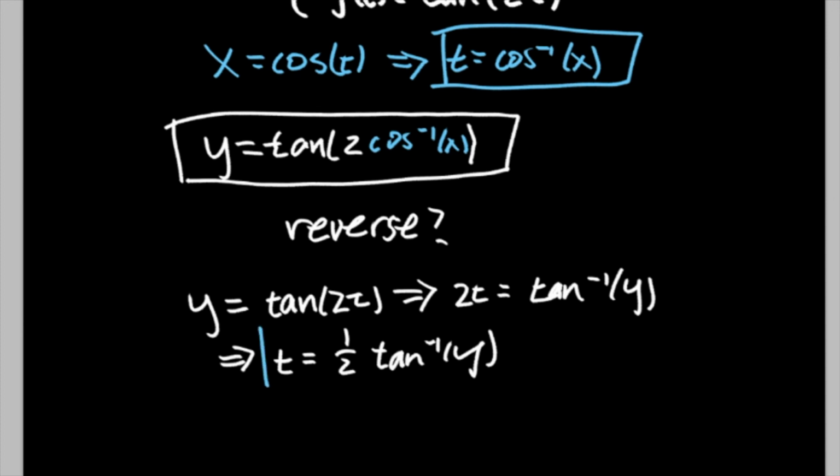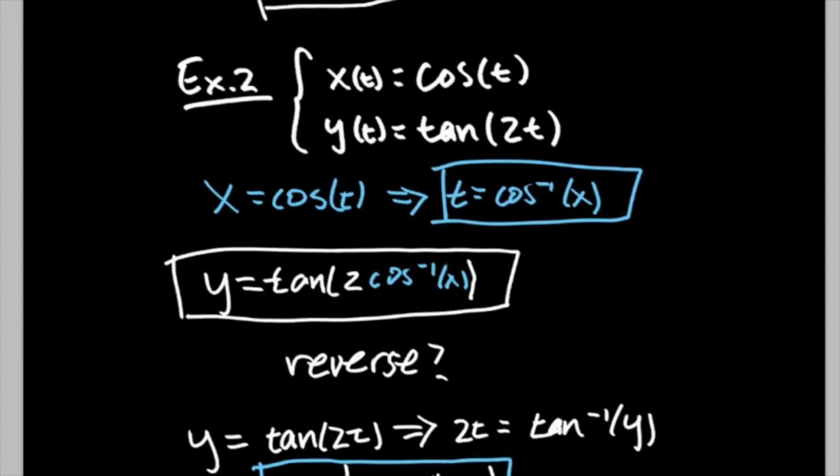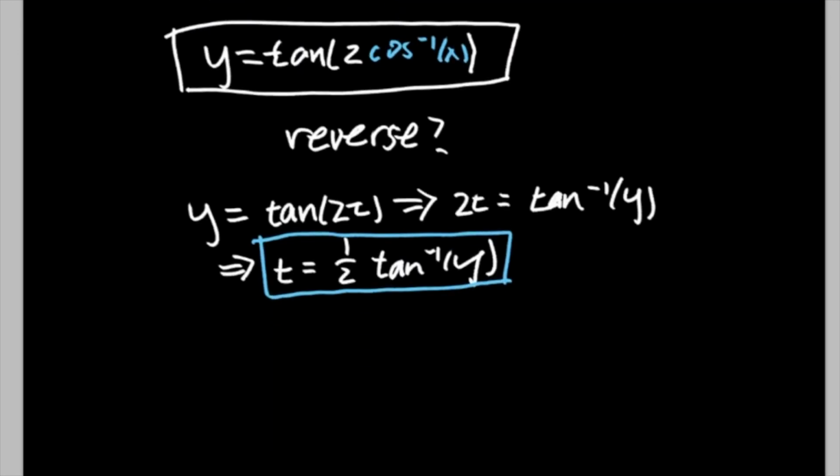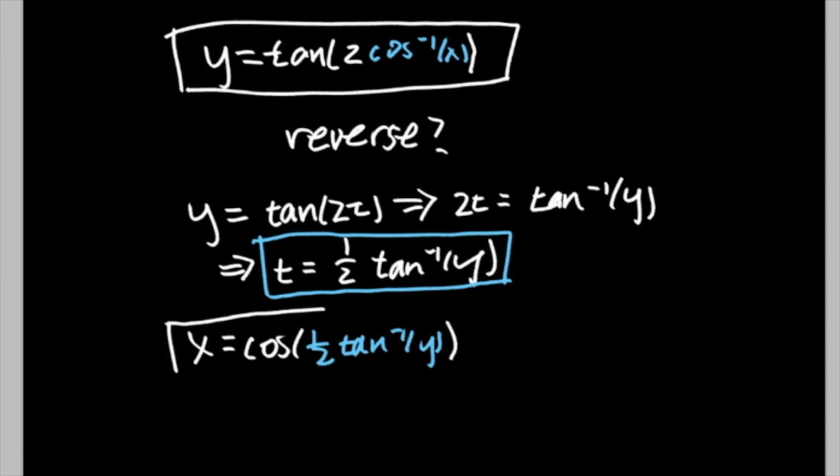Okay, so now this is our t. And what are we plugging it into? x, sorry, not y. That's the only thing that makes sense. So we have x equals cosine of, just directly plug that t in. We get cosine of 1/2 times tangent inverse of y. And that's it. So we box that. That's our answer.